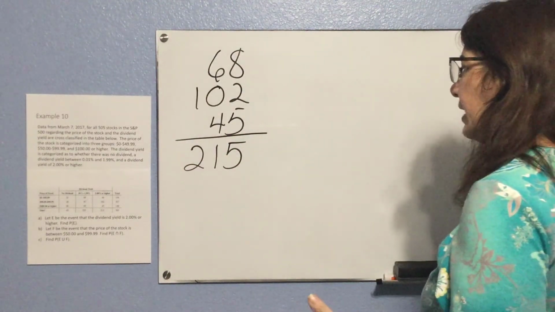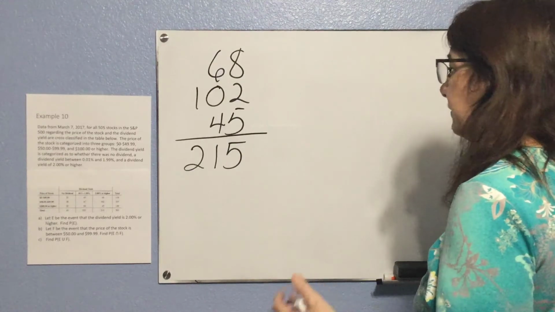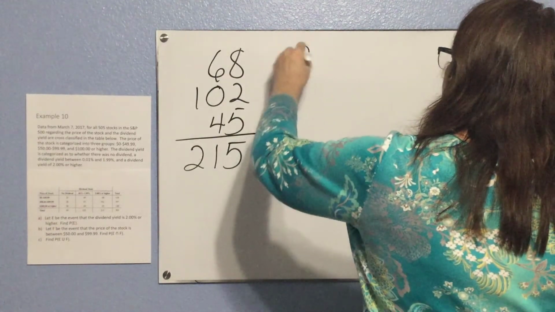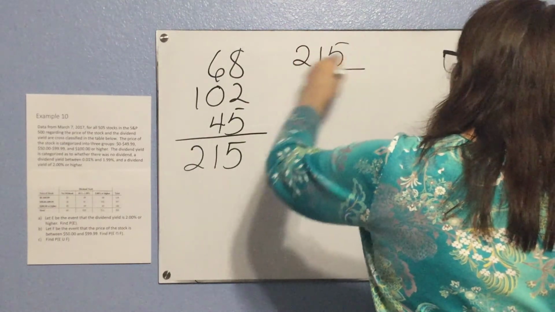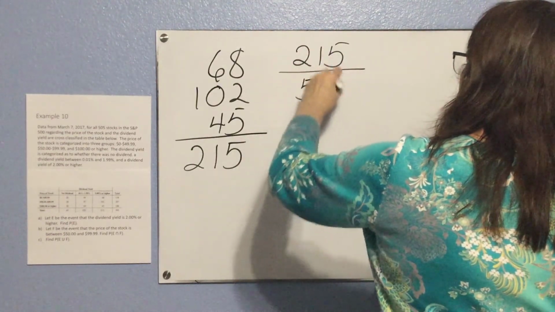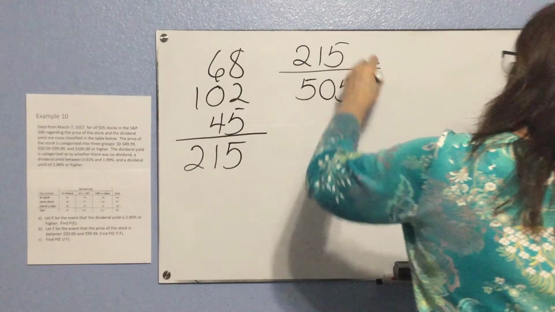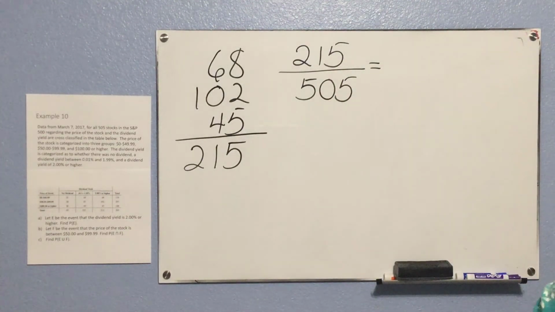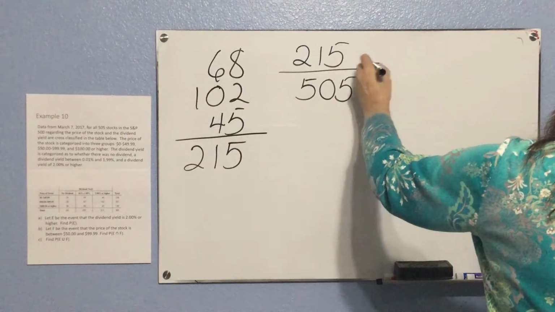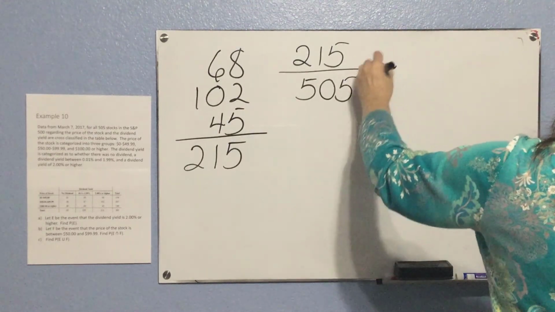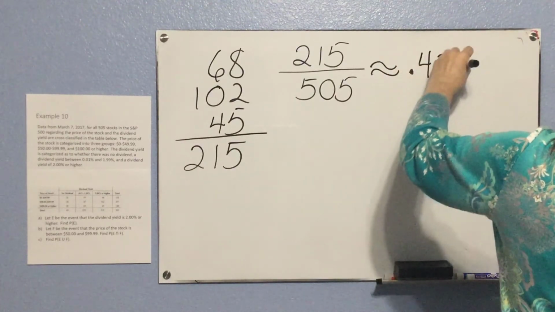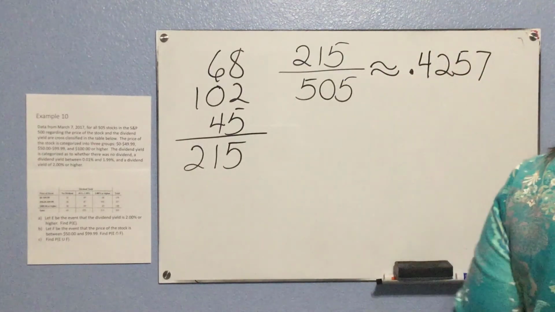And we were told that the S&P 500 actually has 505 stocks in it, so it would be 215 over 505. And then I need to reduce that. And it is approximately 0.4257.